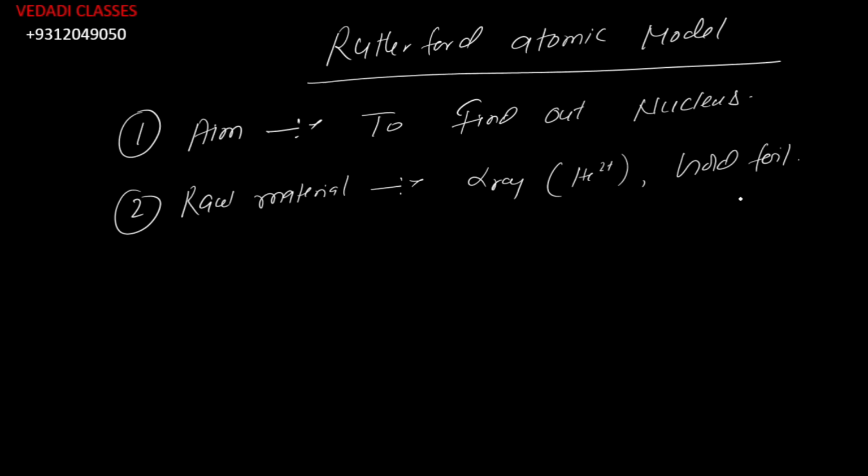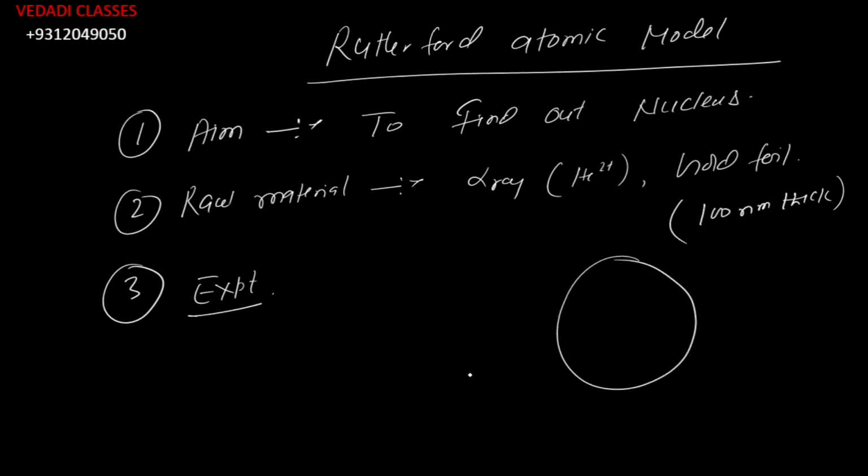He took the gold foil and the alpha ray, and the gold foil was very thin, nearly 100 nanometer thick. Now, what do you do? The third thing, you perform the experiment. You take the gold foil and bombard alpha ray.